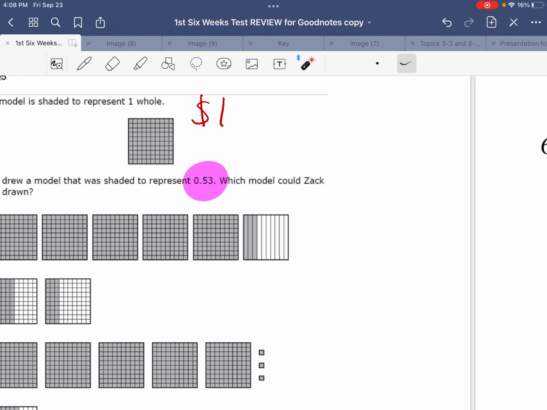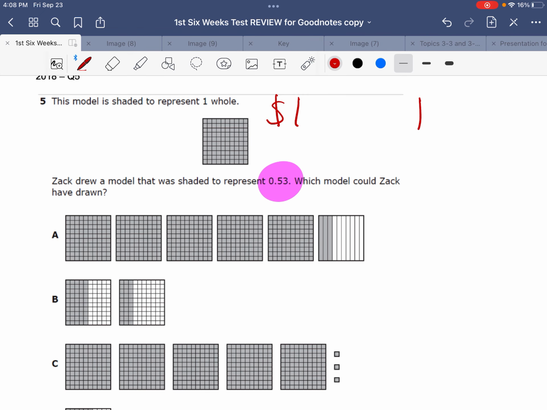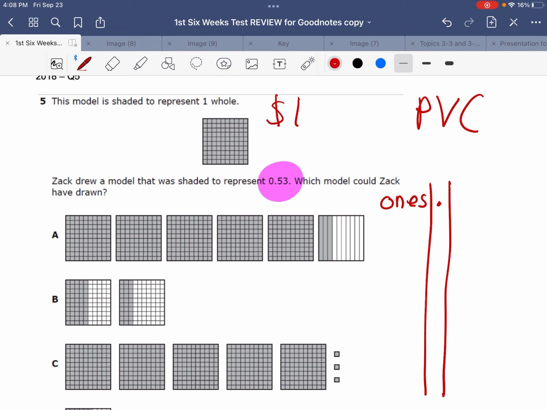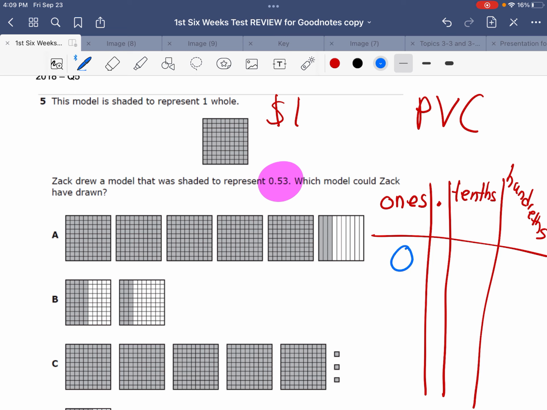If I need to make my PVC chart, I have my ones, tenths, and I have my hundredths. Okay, if I plug this decimal in, I have 0.53.